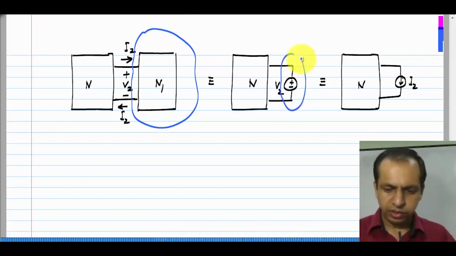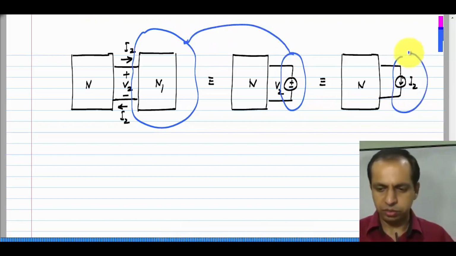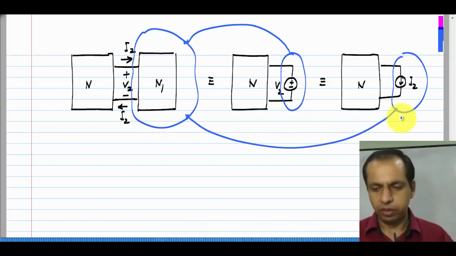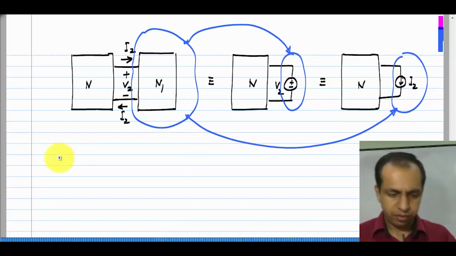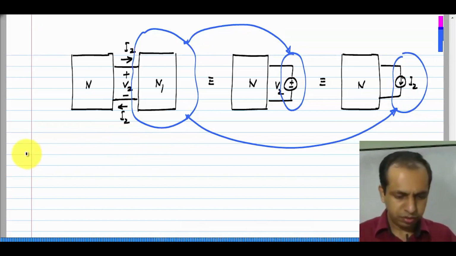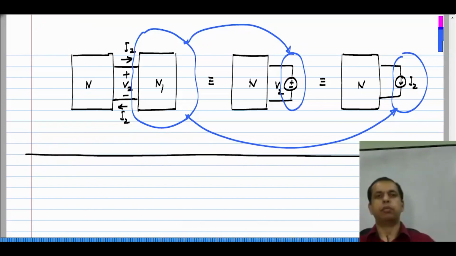So, this thing here is a substitution for this entire network N1. Similarly, this one here is a substitution for the entire network N1. So, that is the minor extension to the substitution theorem.